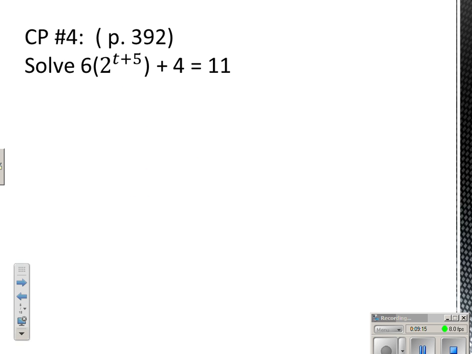Checkpoint number 4. So solve 6 times 2 to the t plus 5 power plus 4 equals 11. Let's get rid of the 4 first. Then I went ahead and I got rid of the 6 as well.